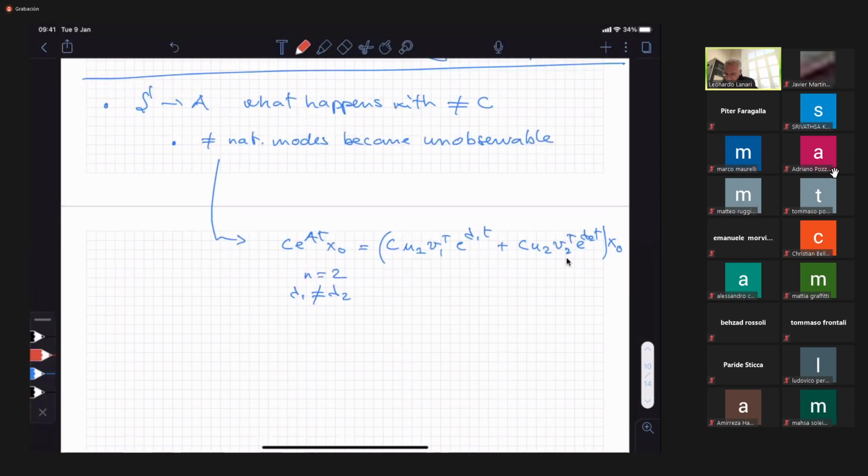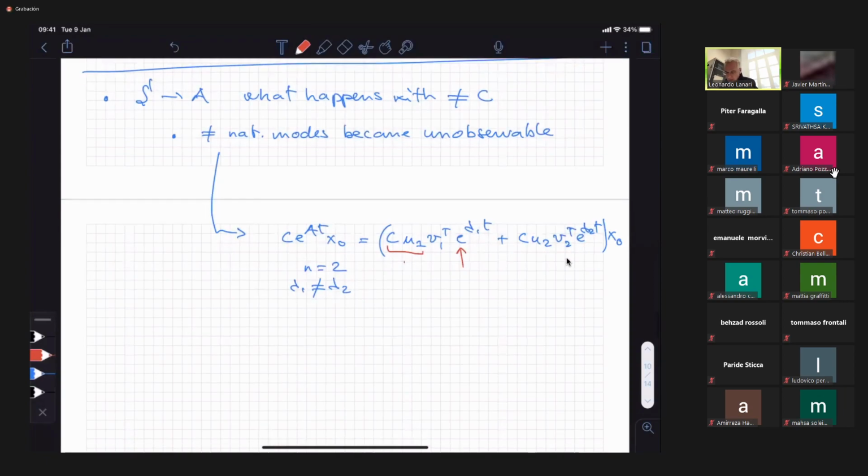And we defined initially that this natural mode is observable if C u1 is different from 0. So you understand that with different C vectors, we could make this one different from 0 and this one equal to 0, or this one equal to 0 and this one different from 0, or of course both different from 0.